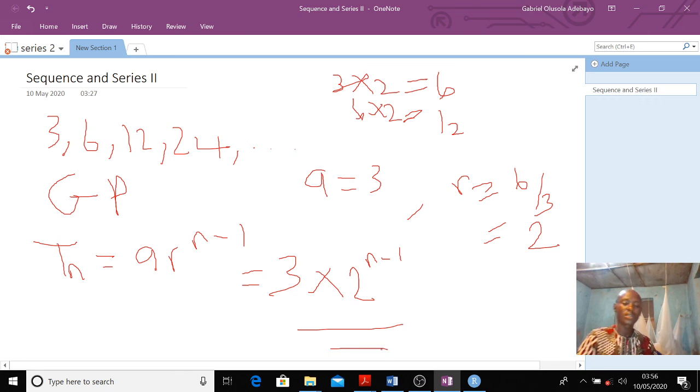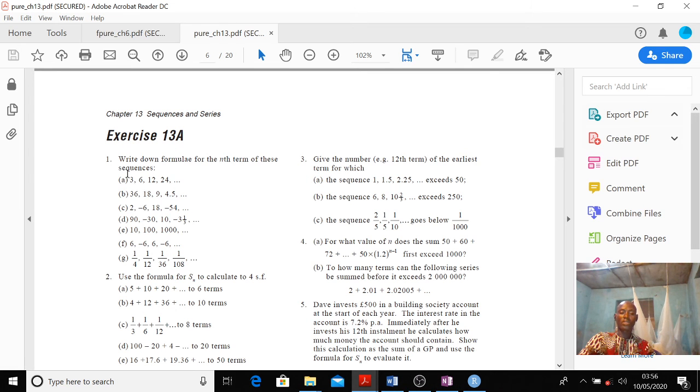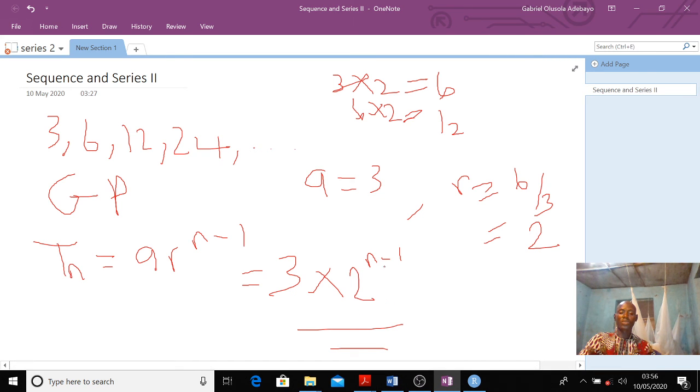That is the final answer for this, because you have to write down the formula for the nth term of this sequence.